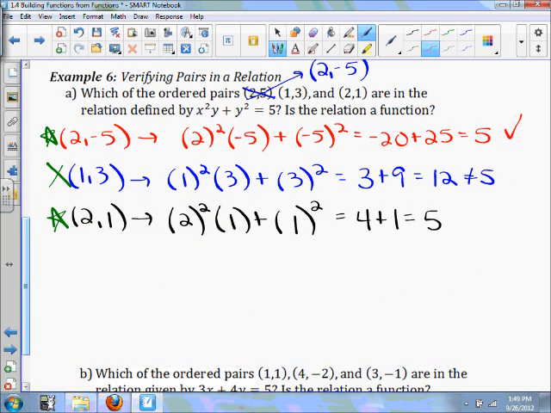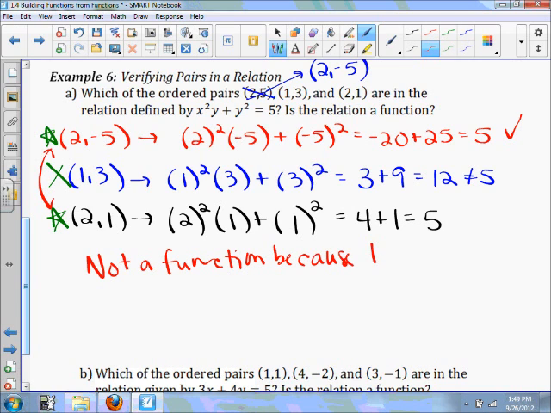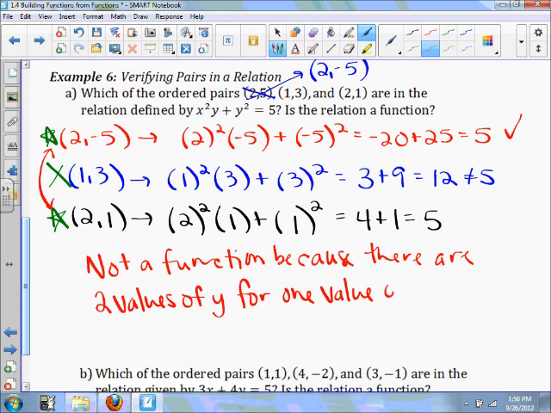Since (2, -5) and (2, 1) are both in the relation, this is not a function, because there are 2 values of y for 1 value of x. So there we have it. The first relation is not a function. A nice easy way to tell is if you have a y squared, that will tell you it's not a function also.